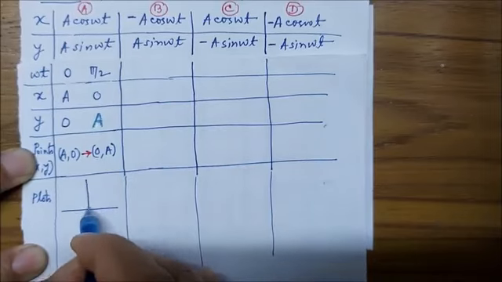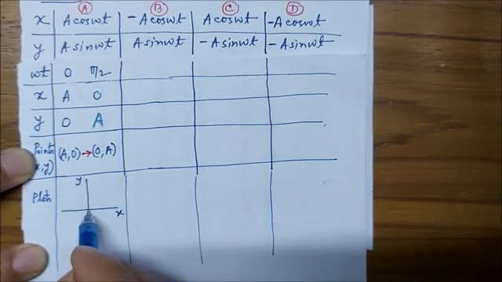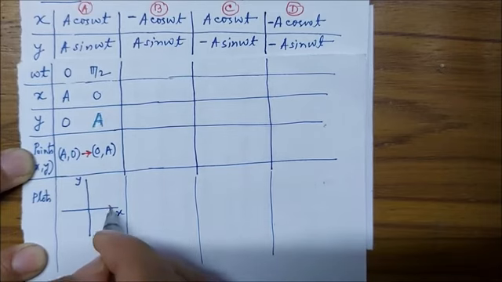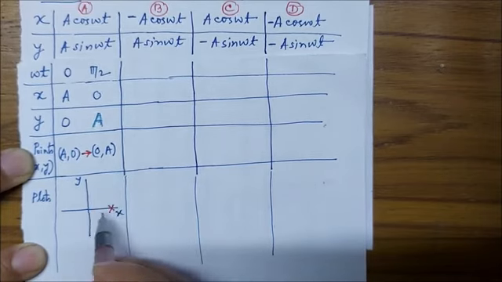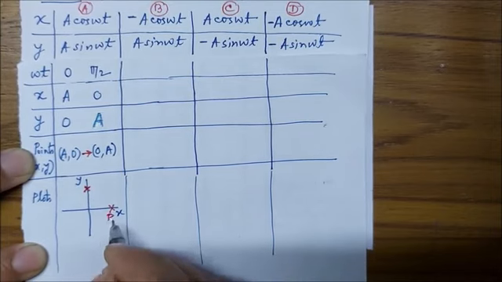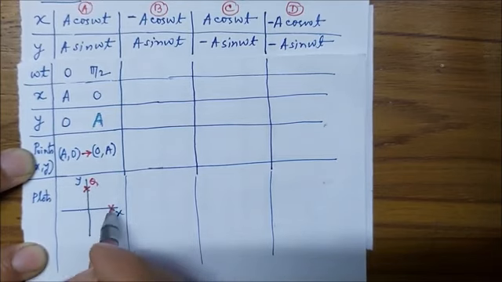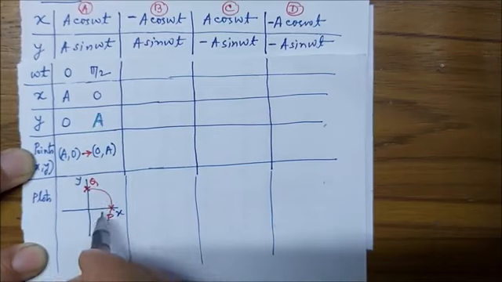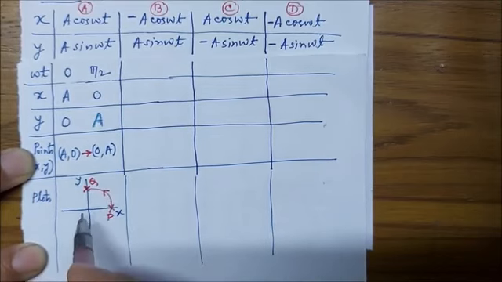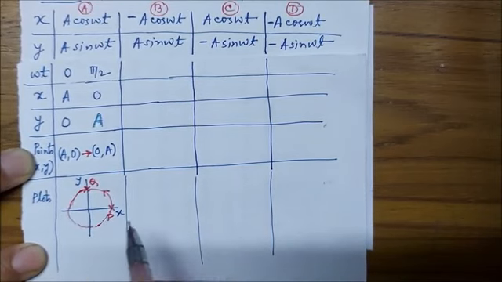This is x-axis, this is y-axis, and a, 0 is a along x and 0 along y, so we are here, and 0, a is 0 along x and a along y, so we are here at this point. Let us call this point P, and this point is Q. So the movement, as stated earlier, will be from P to Q, and the rest portion, just join them by means of a circular path or track, and this is it.